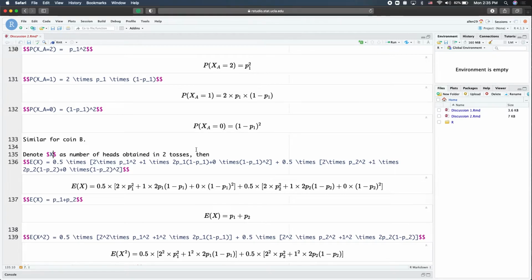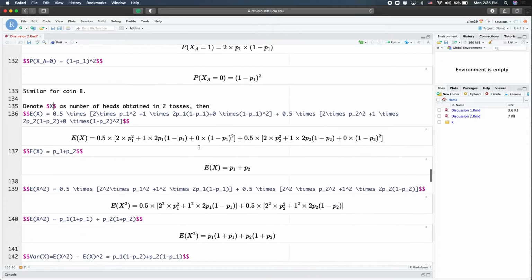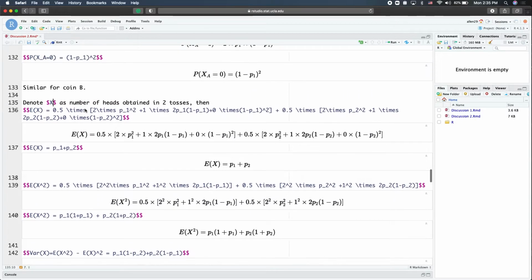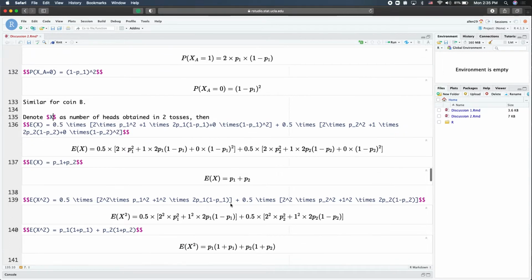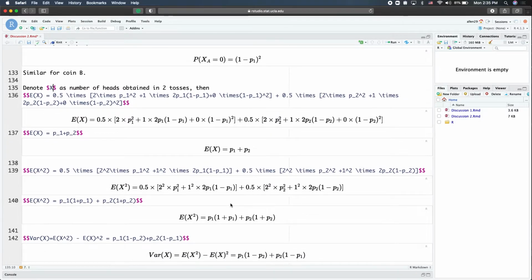That should include the cases where we randomly select coin A or coin B. So the expectation of X is 0.5 multiplied by the expectation of XA, plus 0.5 multiplied by the expectation of XB, which reduces to P1 plus P2.